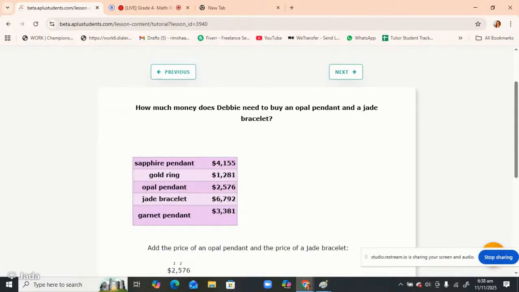So the question is, how much money does Debbie need to buy an opal pendant and a jade bracelet? Okay. What is the price of the opal pendant? That is 2,576.